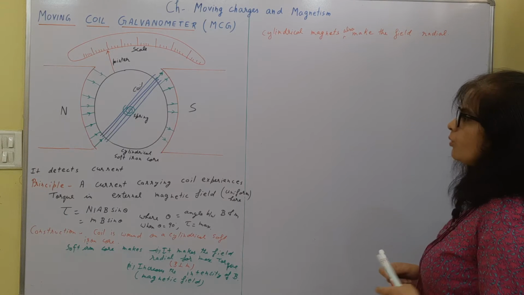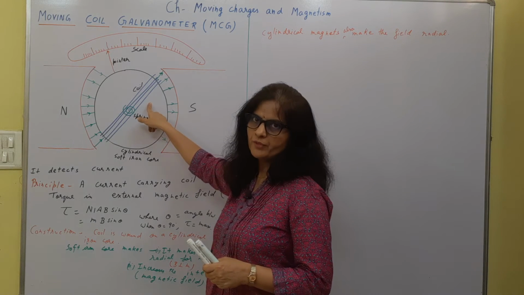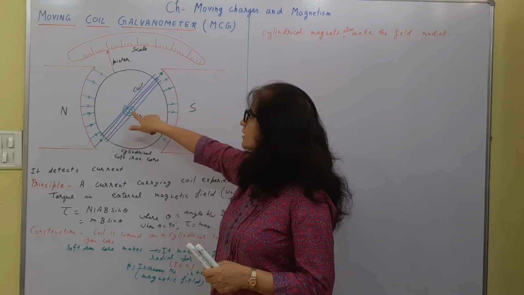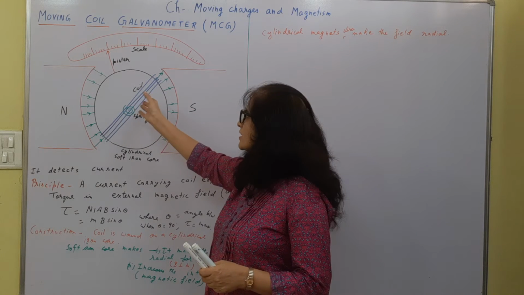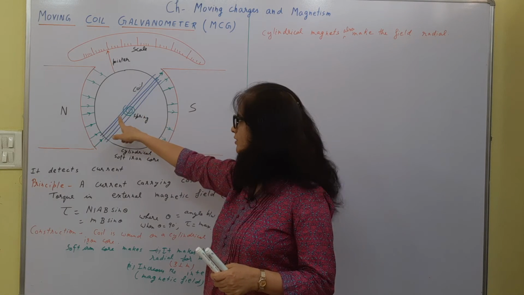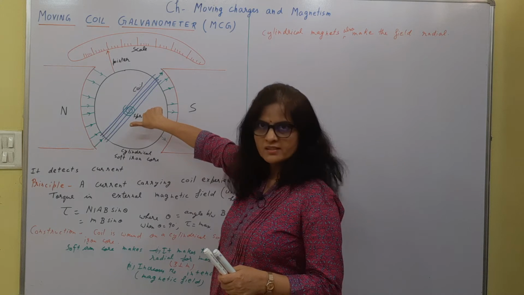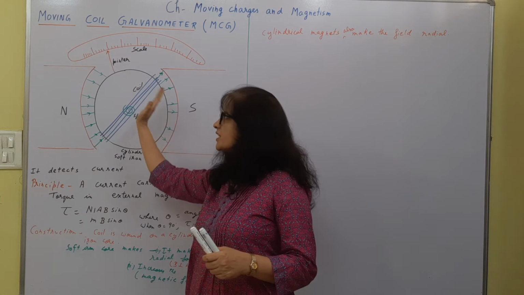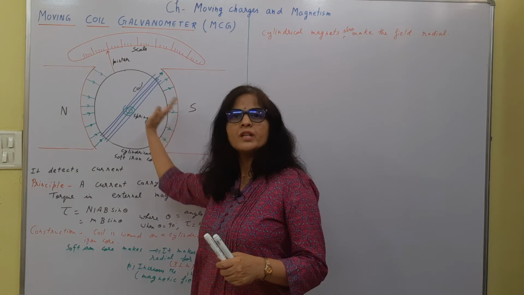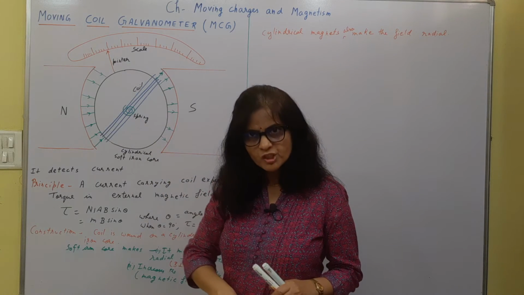Right? Now we come to the working. We know that it is experiencing torque. Now when it is experiencing torque, this is attached to the spring. So the restoring torque, this is free to rotate. The coil is free to rotate due to this spring. Now when there is a deflecting torque due to the magnetic field, there will be some restoring torque, or you can say the counter torque, which will try to bring it towards its original position, right?